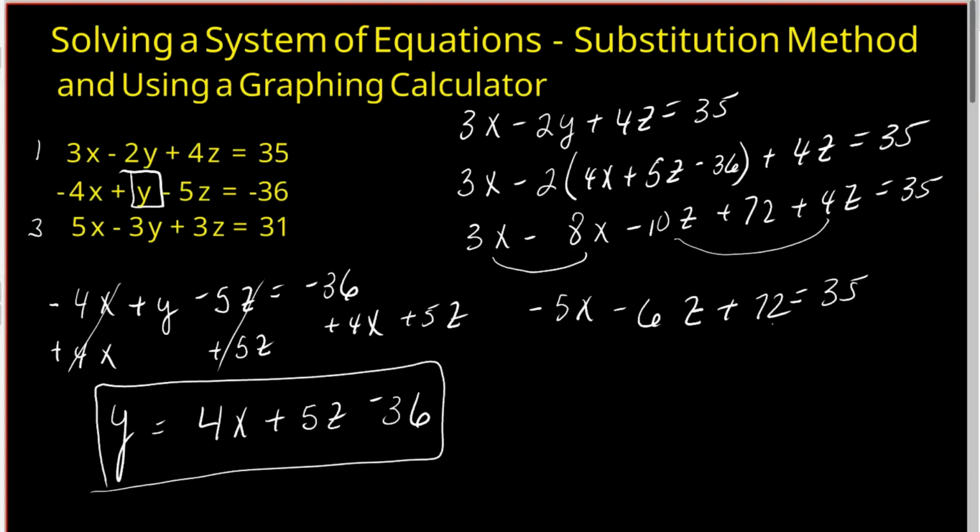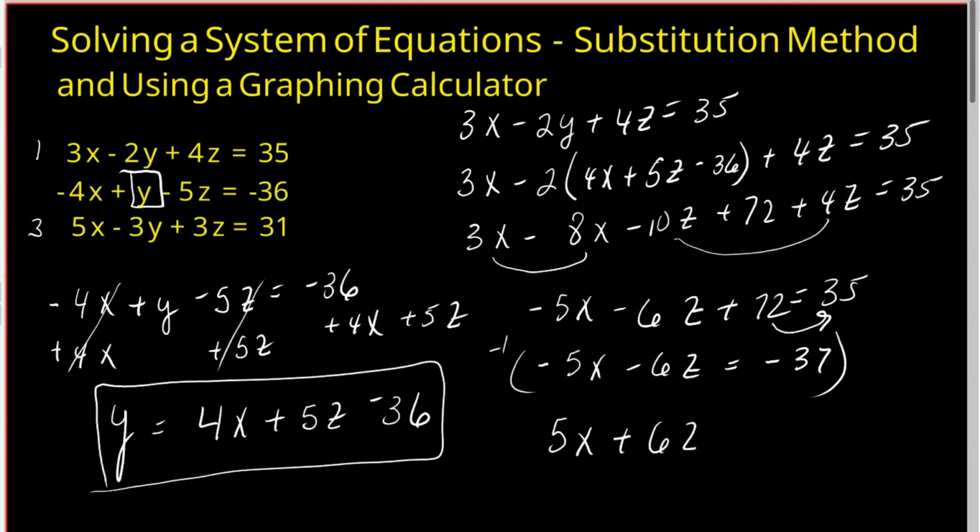So when I take this across to the other side, I'm going to get even another negative number. So that's negative 5x minus 6z equals negative 37. So I'm going to multiply all this times negative 1. That will give me 5x plus 6z equals 37.